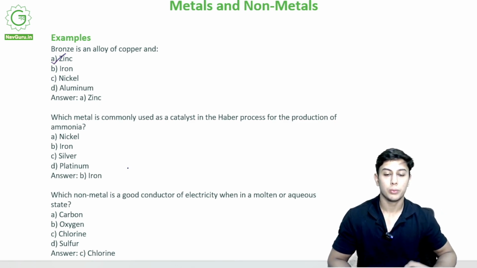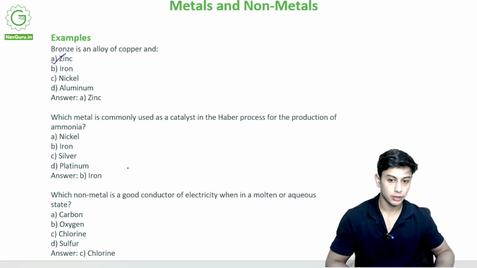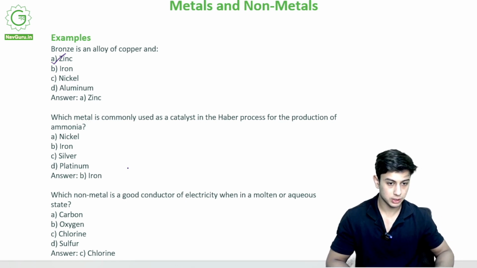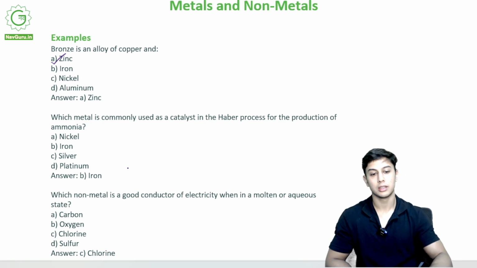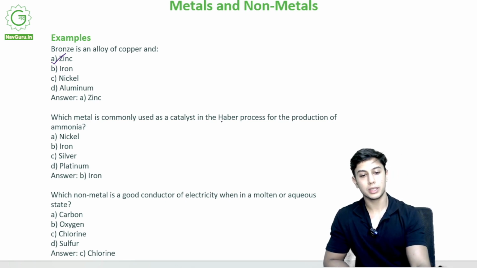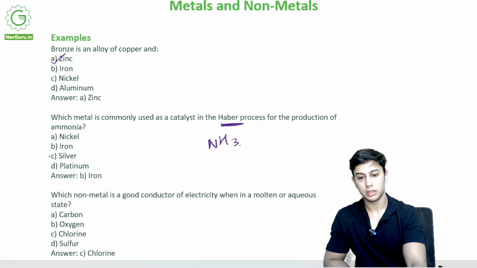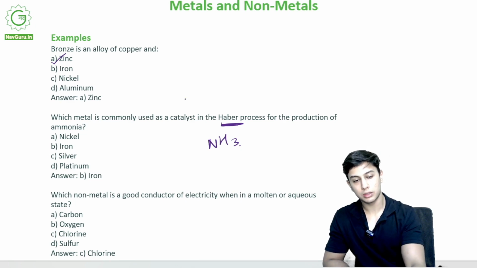Which metal is commonly used as a catalyst in the Haber process for the production of ammonia? The production of ammonia is called the Haber process. Ammonia, NH3. What is used as catalyst?